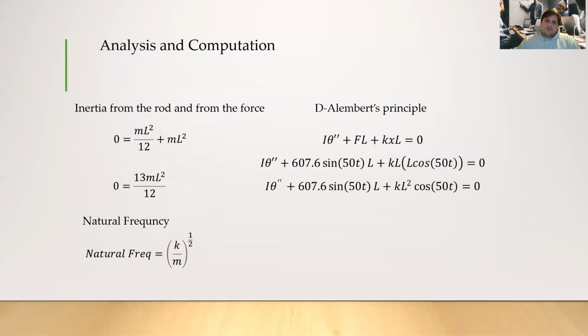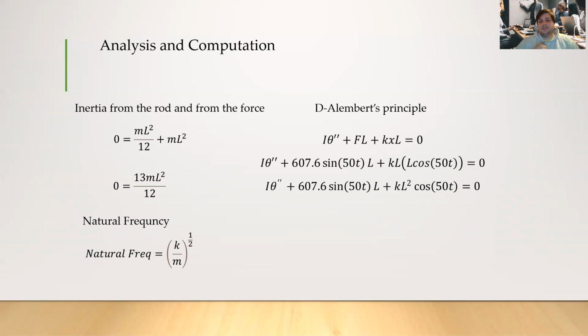Going over some of the calculations I had done before, there's the inertia of the rod from the force, which is pretty self-explanatory. Then D'Alembert's principle, which I wasn't able to go into as much depth as I wanted to. Chapter 11, or chapter 12, didn't explain it as well as I was hoping. I continued reading through the book to get a better understanding of it, but it was pretty difficult.